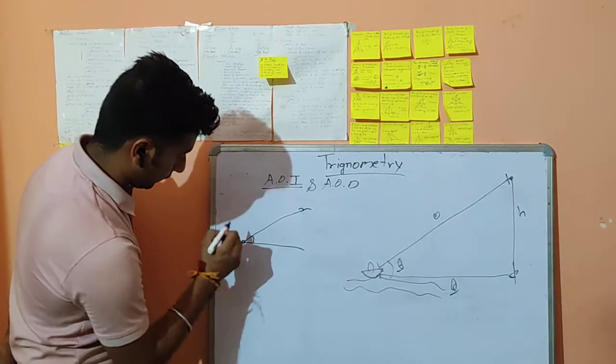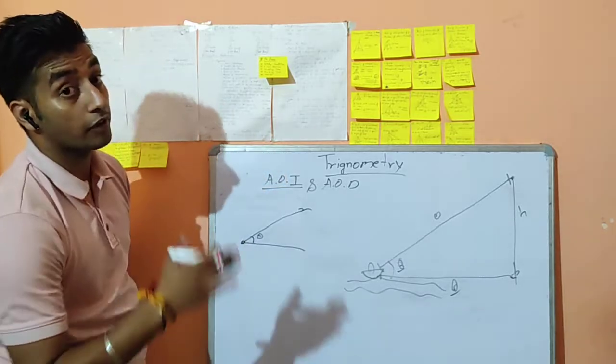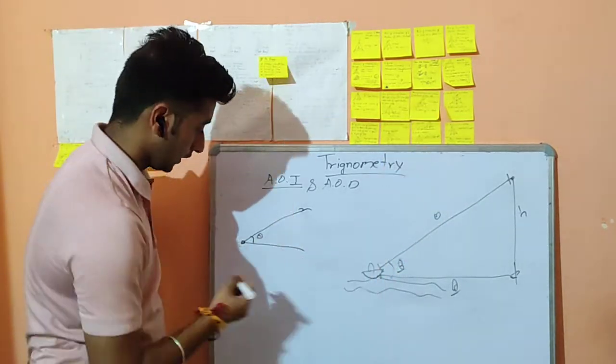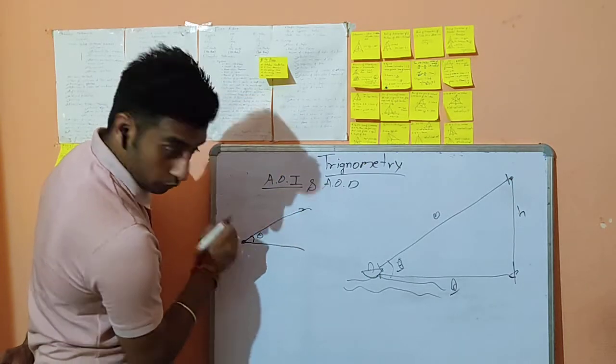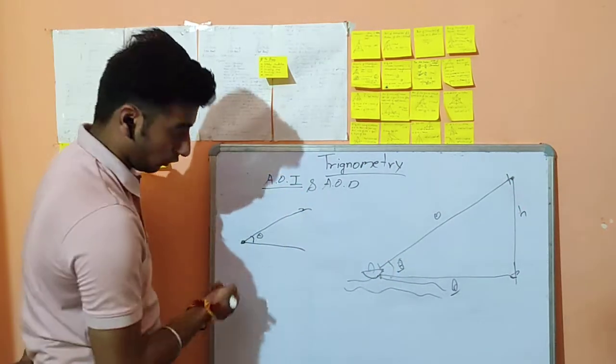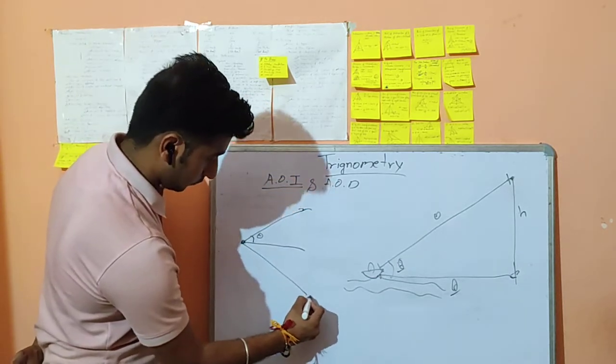this angle made between your eyesight and the horizontal is theta, and this is called angle of inclination, that is upside. And suppose this is not a bird and this is you at the top of your house, or you say terrace, and you're looking down at some car. This is any car.